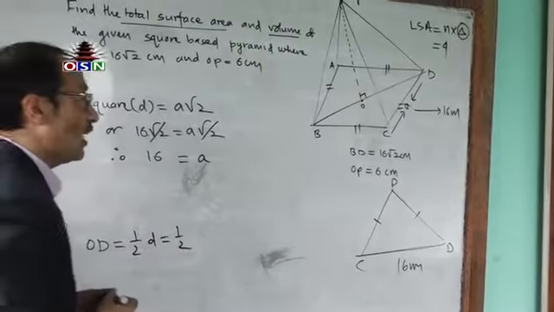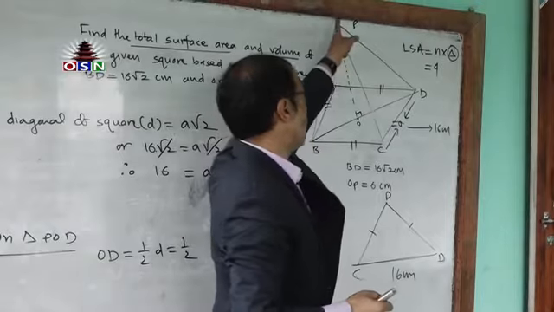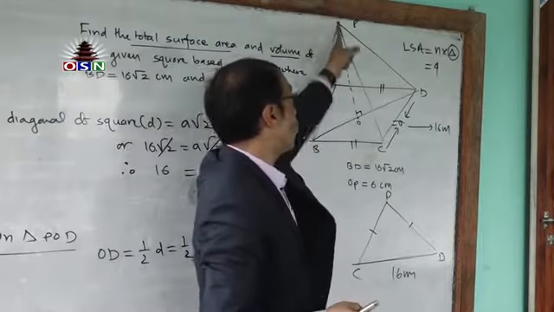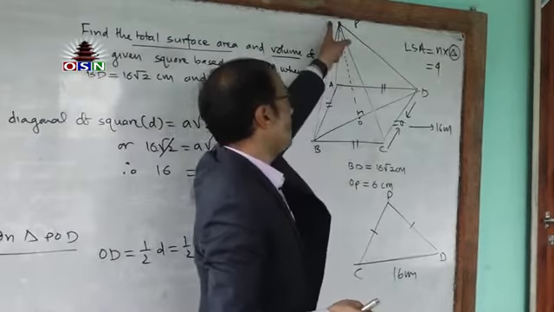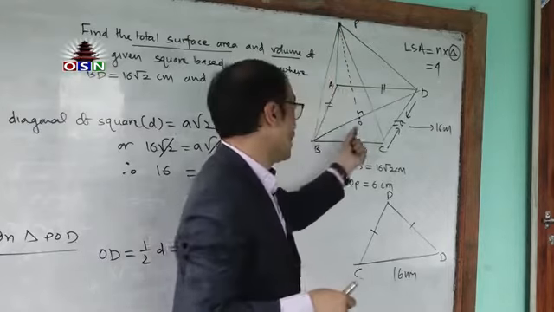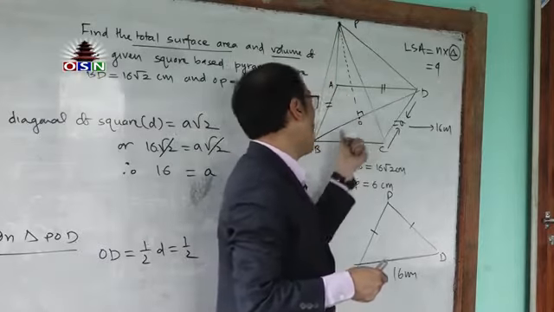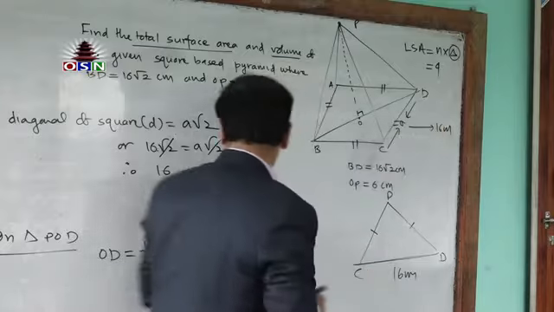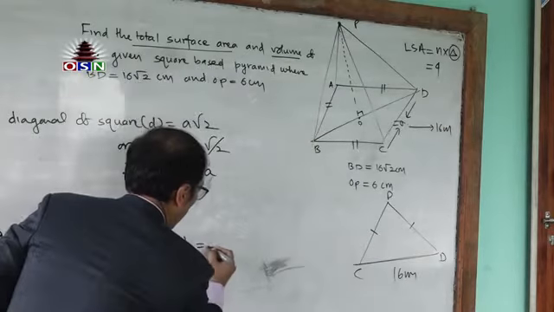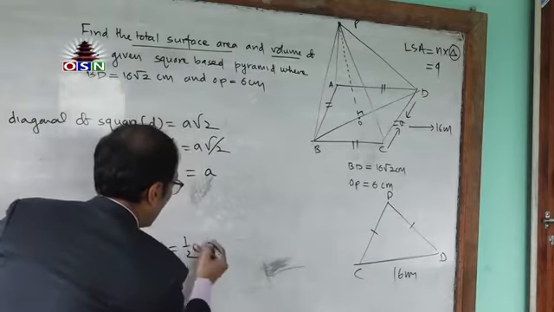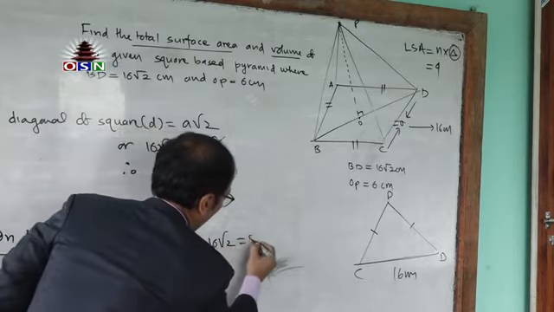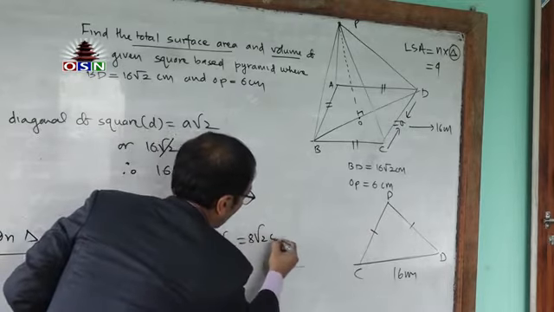Please try to understand once again. When we drop the perpendicular from the apex, in case of a right pyramid, this point on the base divides the diagonal in half. I have already said that. So half the diagonal, half of 16 root 2, you will get 8 root 2 centimeter.